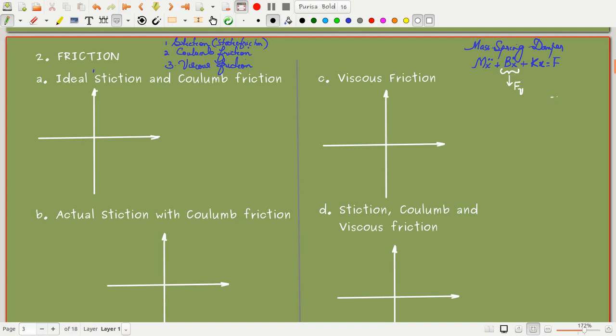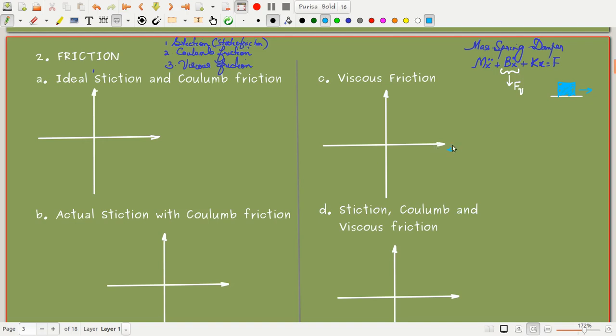If there are two surfaces here, with a mass on a surface, and the mass is moving, there is a viscous friction between the surfaces. That is linear in nature, so we can draw the linear curve like this.